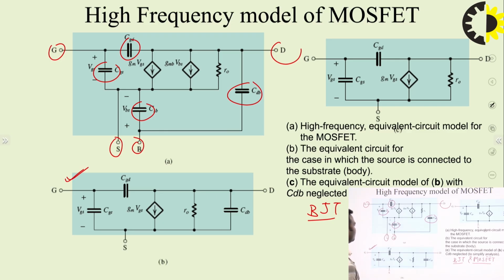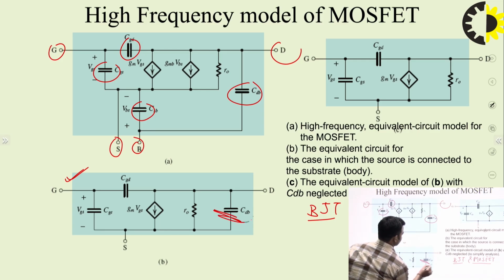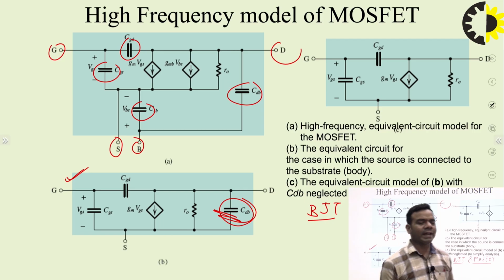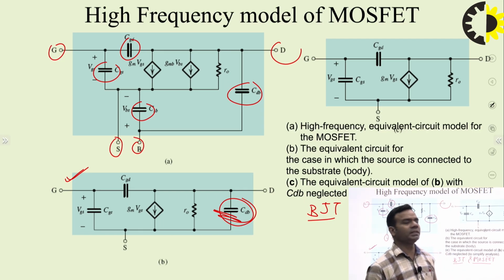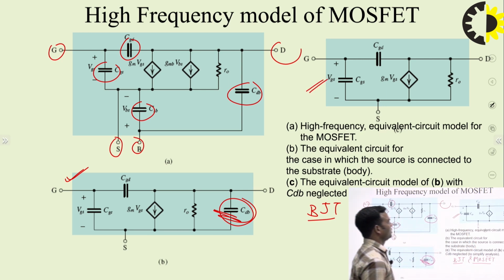For a simpler approach, the model explained here can also be considered, because this CDB can be neglected and its effect will be very small. So this is the most used model for the high frequency analysis.